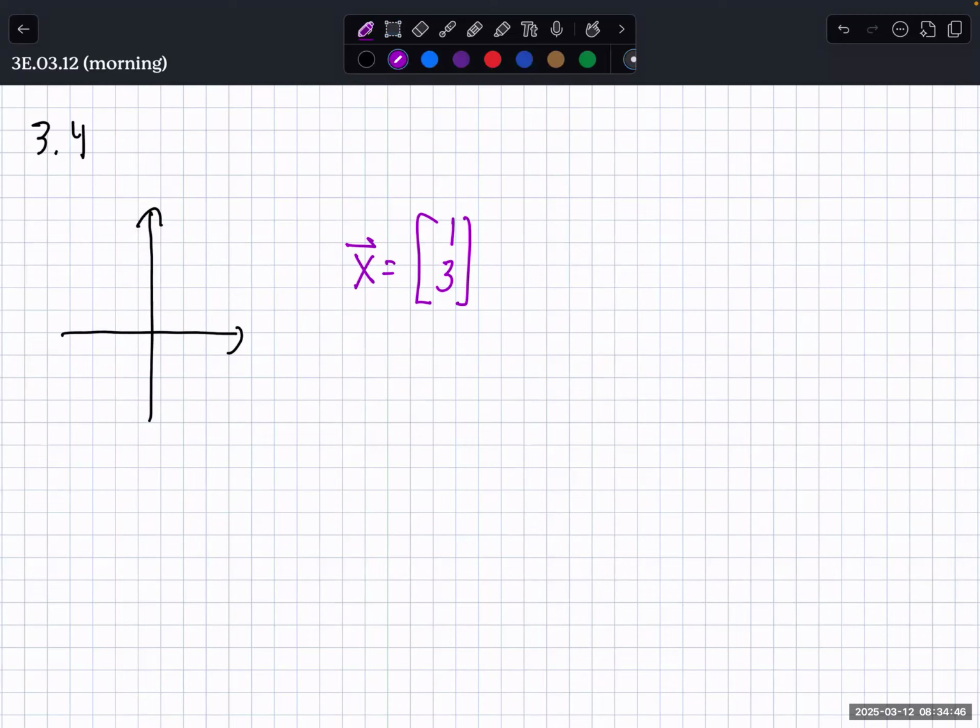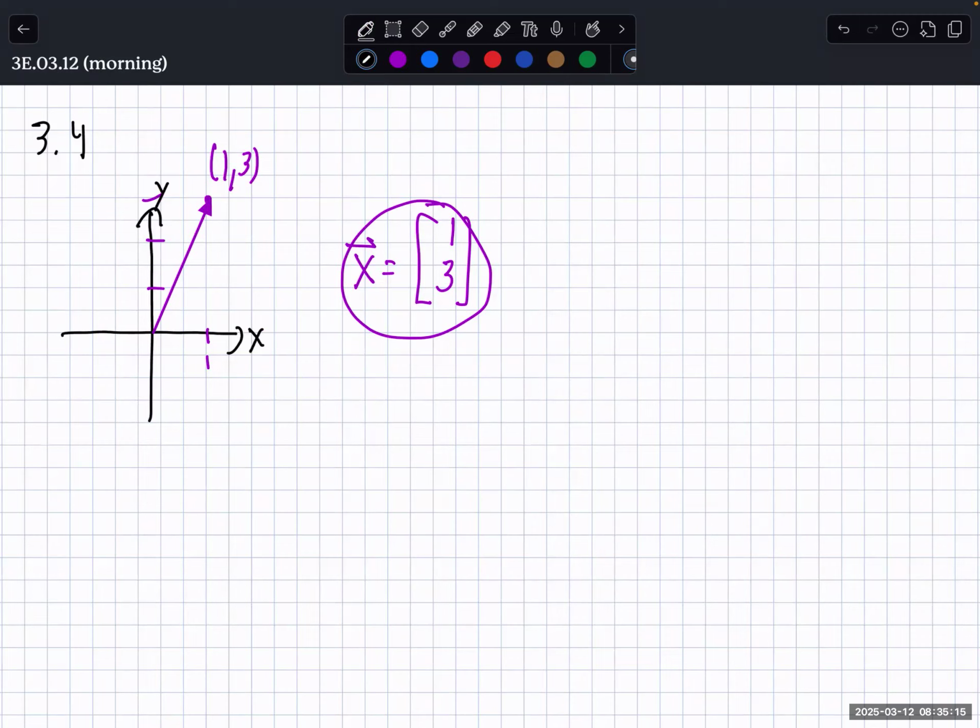So if that's 1, so there's the point 1, 3. And then we draw the arrow from the origin to that point. So knowing where this lives is relative to an XY coordinate system.